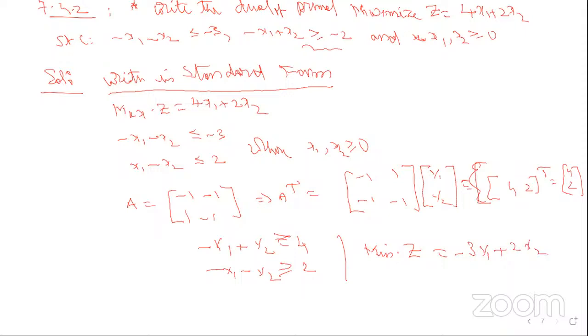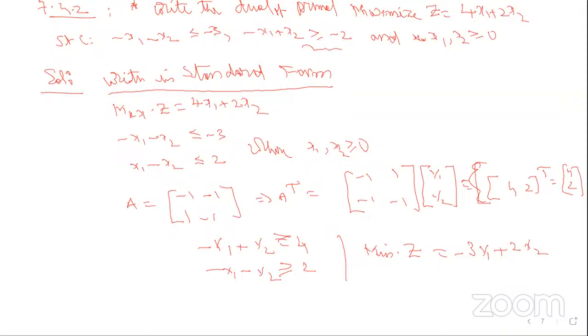So what we did here, most important, 5 marks and easy also. The given problem we wrote in standard form. Maximum z equal to 4x1 plus 2x2, minus x1 minus x2 less than or equal to minus 3, x1 minus x2 less than or equal to 2.